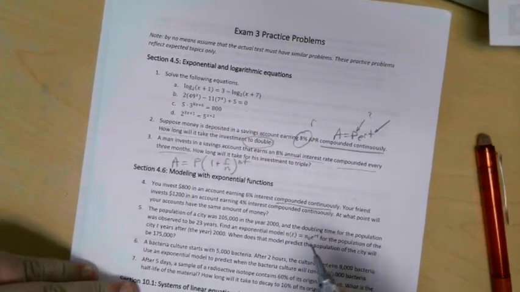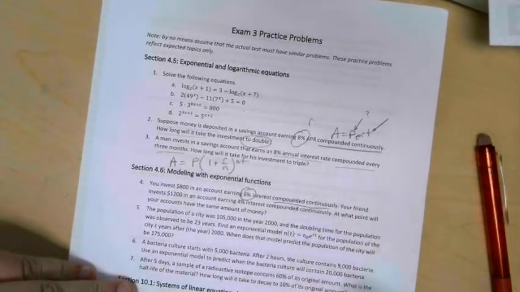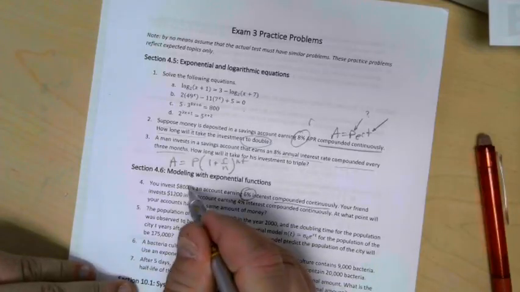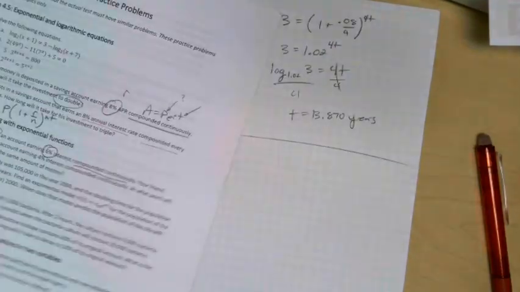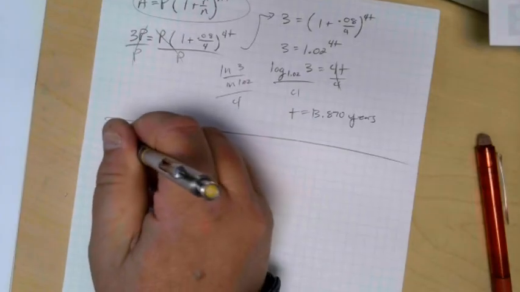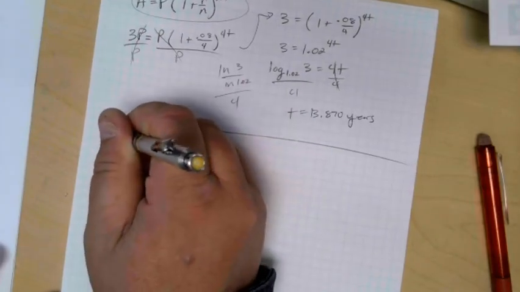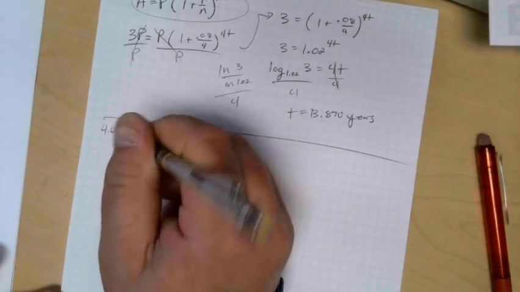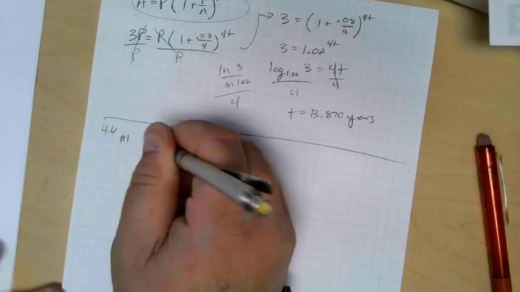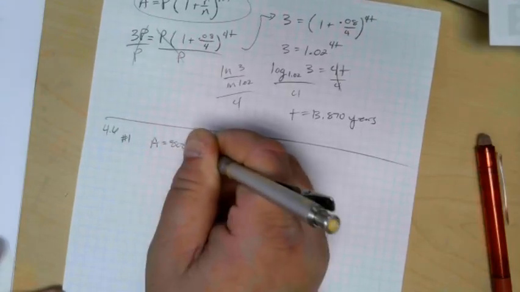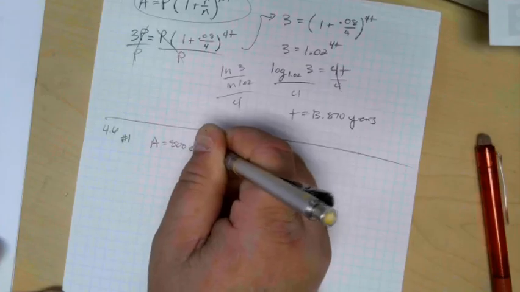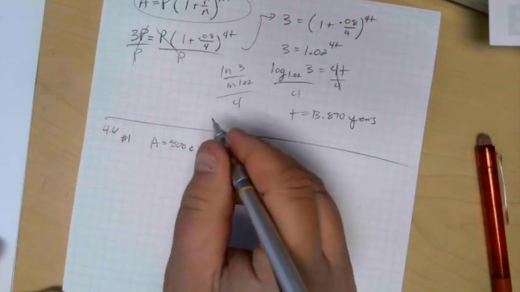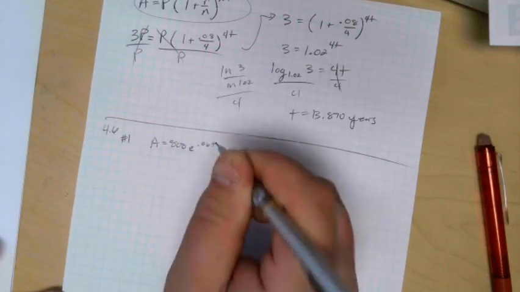Compounding continuously. So this is the Pert formula. I see a rate, I see a starting amount. So I'm going to put in that model. So situation number 1. A equals 800 times e to the 0.06 times t.